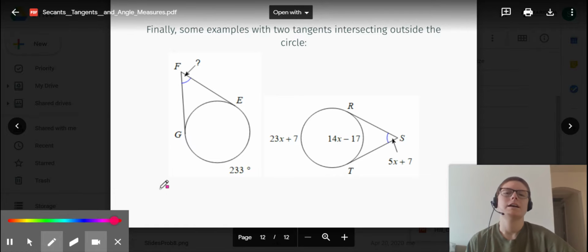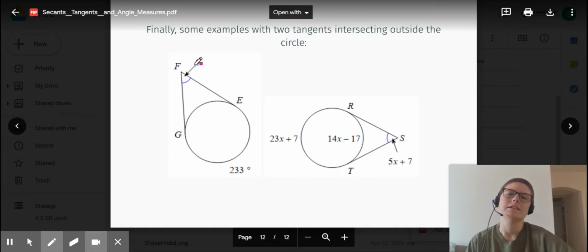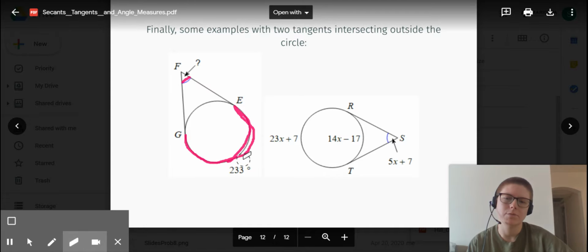All right, last 2 examples we see here. Our unknown thing is the angle. We see that we know this arc is 233, which is great. Thanks for telling us that, but it doesn't tell us the other arc. So how can we figure it out?